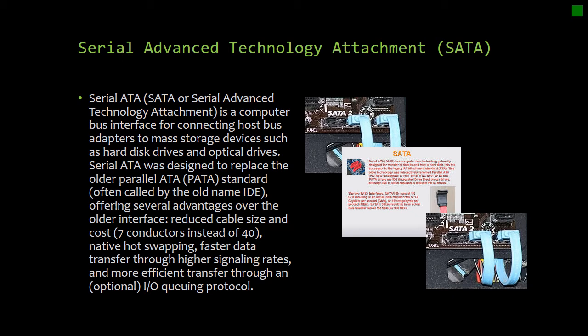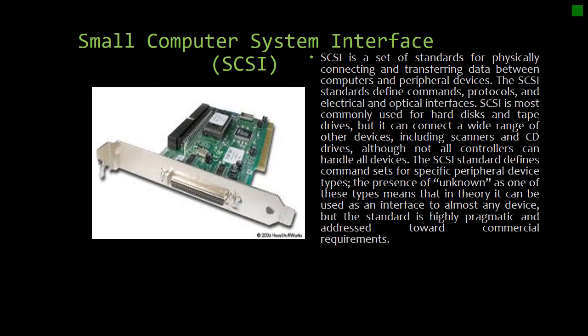So it offers several advantages over the older interface. It also reduced the cable size as well as the cost, with 7 conductors instead of 40. It also has native hot swapping, faster data transfer through higher signaling rates, and more efficient transfer through an I/O queuing protocol.